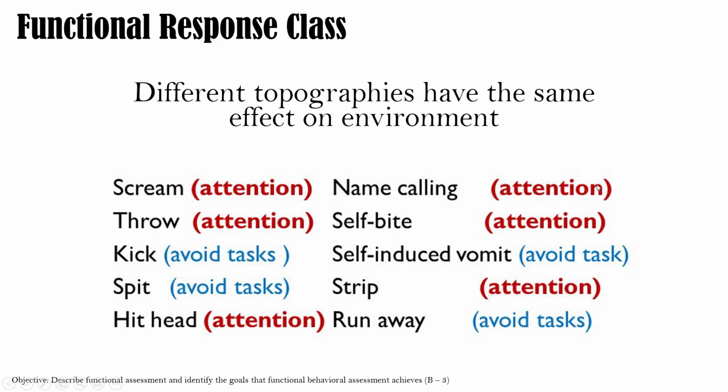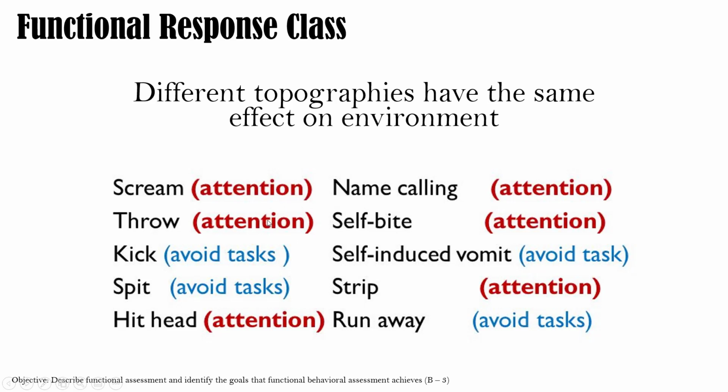So if you look at this picture right here, screaming, the function of screaming for this kid is attention. So maintaining consequences, positive reinforcement. He throws objects, the function is attention. He name calls, he gets attention, and he self-bites and he gets attention. He hits his head and he gets attention, and he strips and he gets attention.